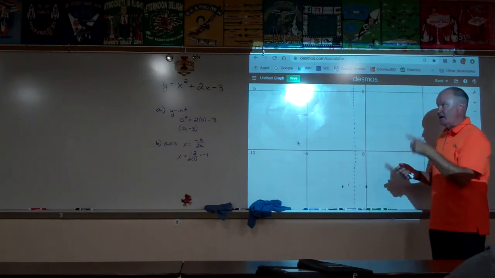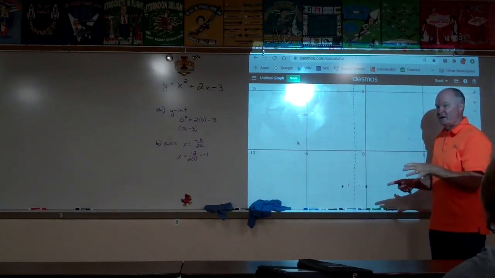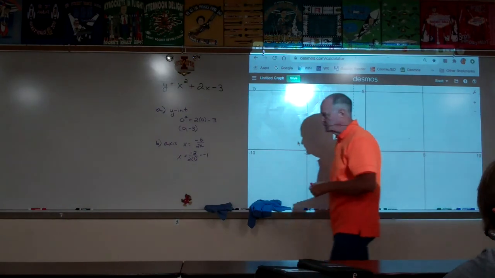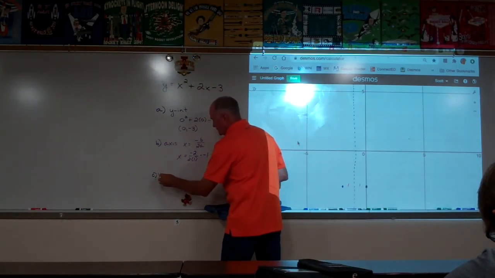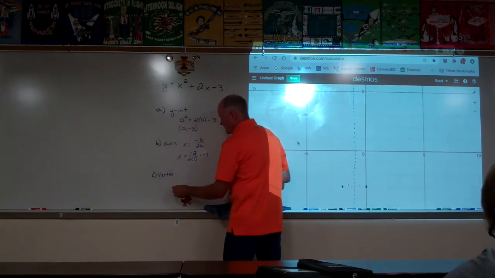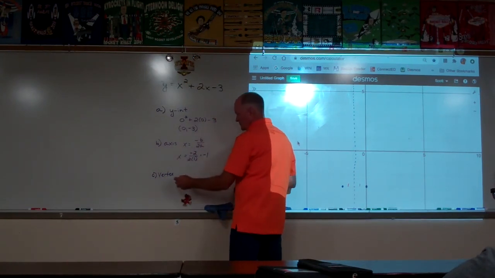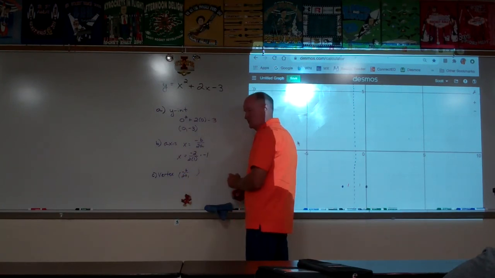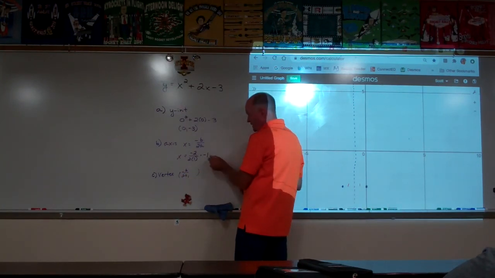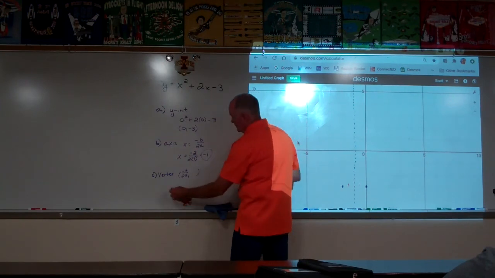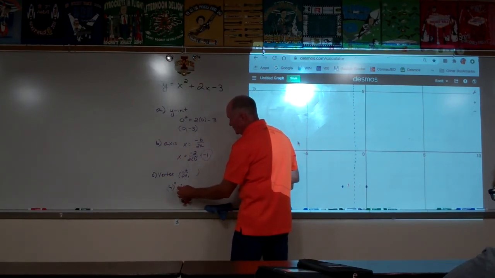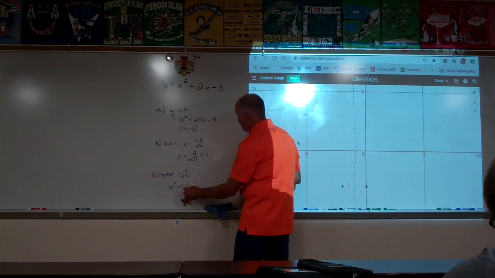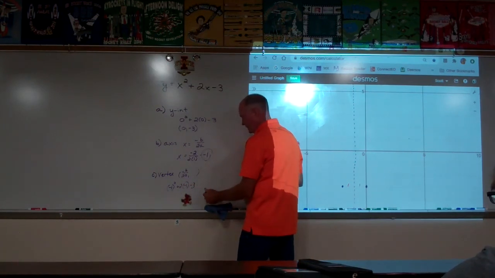Does this open up or down? We know it opens up, but now I want to find exactly where it's at. So do the vertex. I'm going to take the axis and plug that in to what we've got. So for me, that's -1. So I'm going to do -1 squared plus 2 times -1 minus 3.